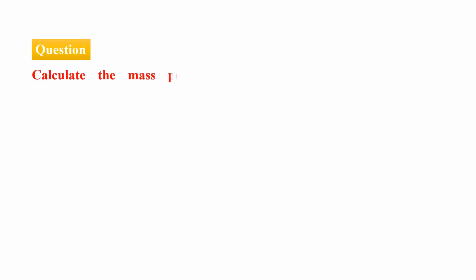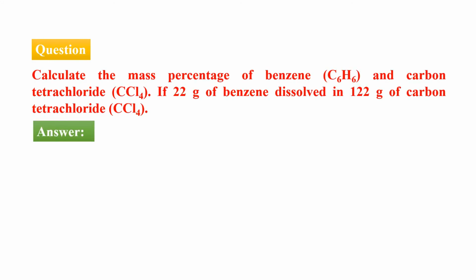Next, another question. Calculate the mass percentage of benzene and carbon tetrachloride. This is benzene and this one is carbon tetrachloride. I have to calculate the mass percentage of benzene. The formula is weight of benzene divided by weight of solution.